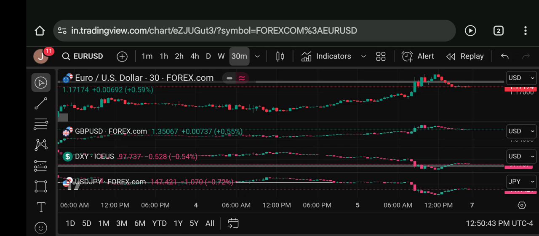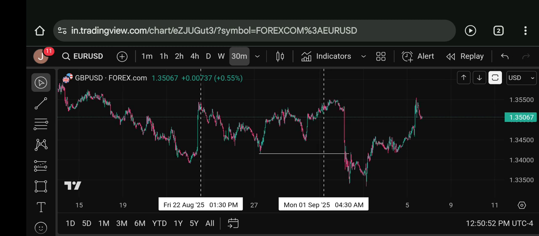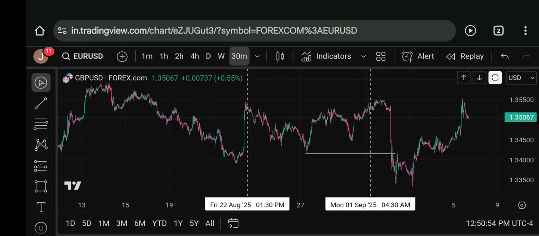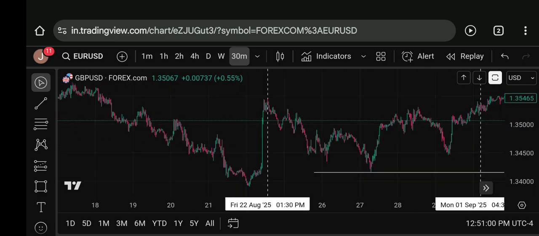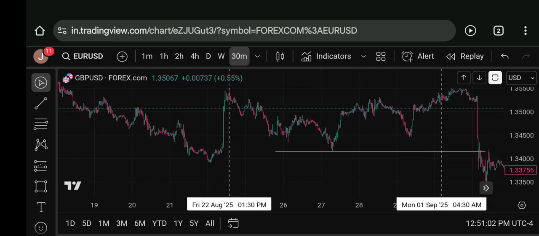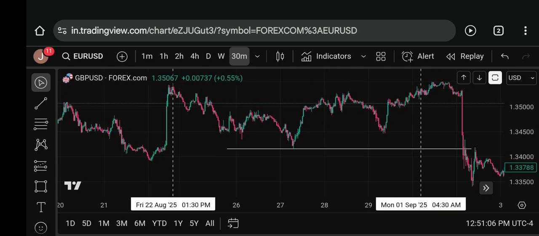And guys, I'm comparing 4 charts here: Euro-USD and GBP USD, dollar index and USD JPY. And you can see that on the GBP USD, price reached our drawn liquidity, which was this. That is, if it made an SMT with the Euro-USD, you can see that here it swept out the buy side liquidity here.